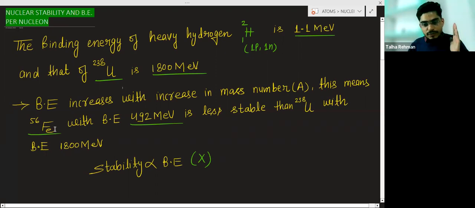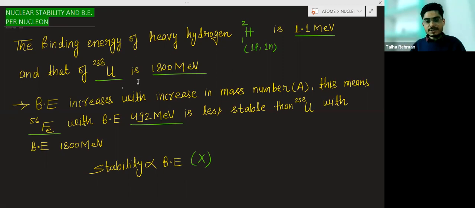But which is the criteria, how can we say which is stable? The amount of binding force between the nucleons will decide the stability of the nucleus.